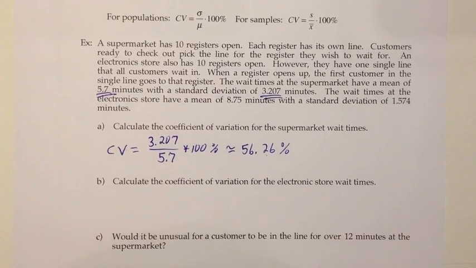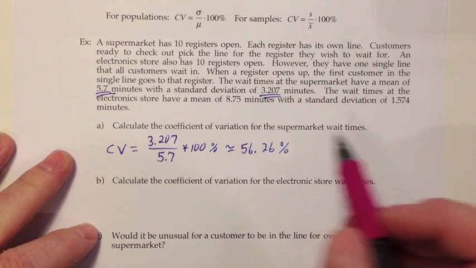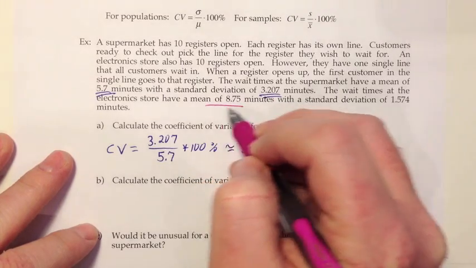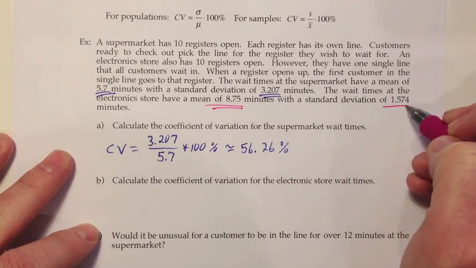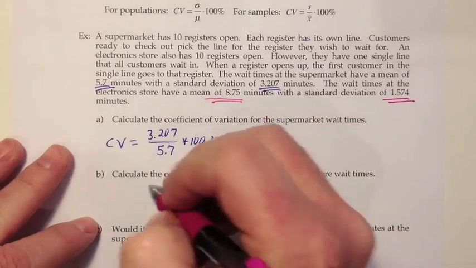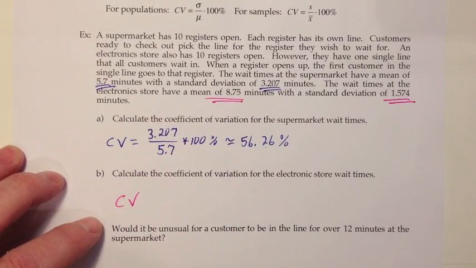Let's look at what it would be if we were doing that for the electronics store. I'm going to do that in pink just so we can separate the numbers here. For the electronics store, our mean was 8.75 and the standard deviation was 1.574. We're going to do the CV in the same way. Now that I've got that pink label, I'll go back to the blue.